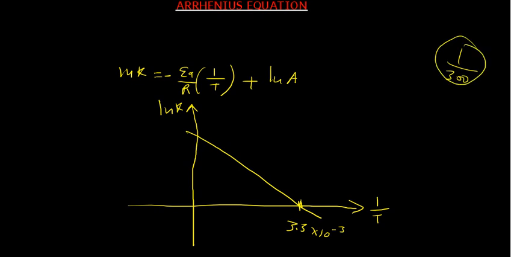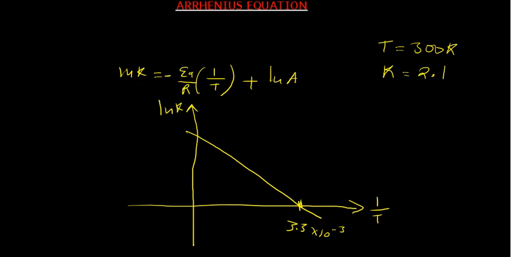And then we have natural log of k, where k is the rate constant. Let's say the temperature is 300 Kelvin, and the rate constant k was equal to, let's give it 2.1.